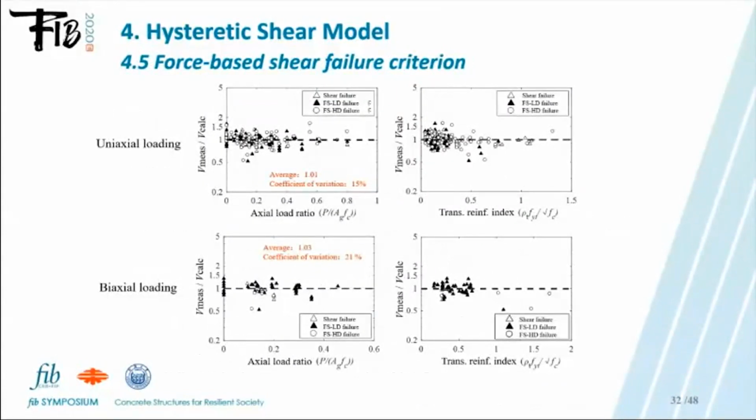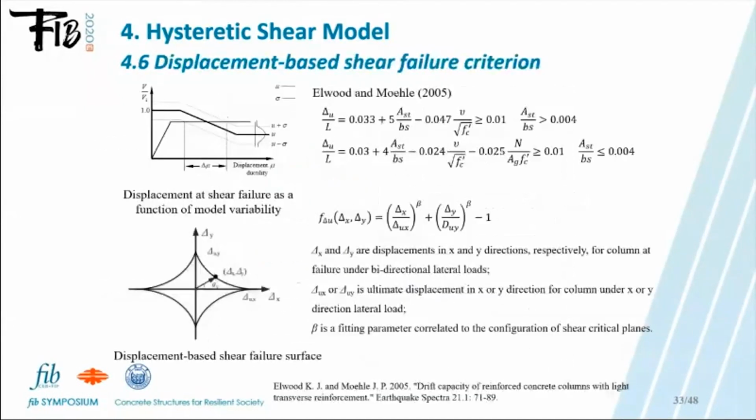The ratio of the measured shear strength to the shear strength calculated with the proposed methodology had a mean of 1.01 and a coefficient of variation of 50% for columns horizontally loaded in the principal direction, and a mean of 1.03 and a coefficient of variation of 21% for columns horizontally loaded in non-principal directions.